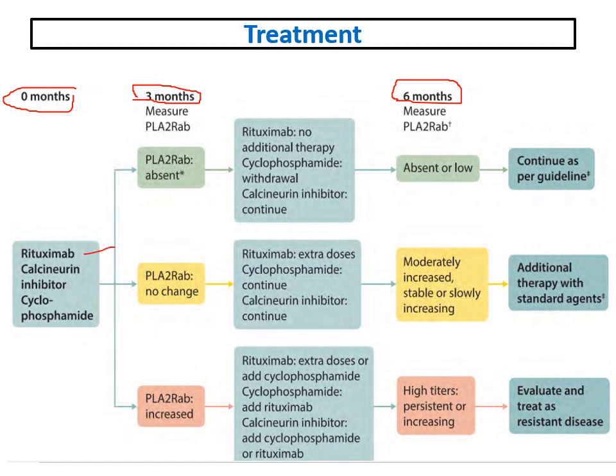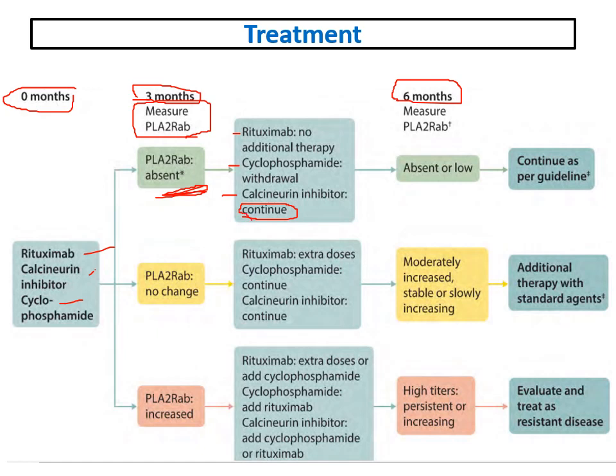We start with rituximab, CNI or cyclophosphamide for 3 months, and then we measure the phospholipase A2 receptor at 3 months. If the assay becomes absent, negative, this is very good. If we are using rituximab, no additional therapy. If we are using cyclophosphamide, we should withdraw. If we are using CNI, we should continue.